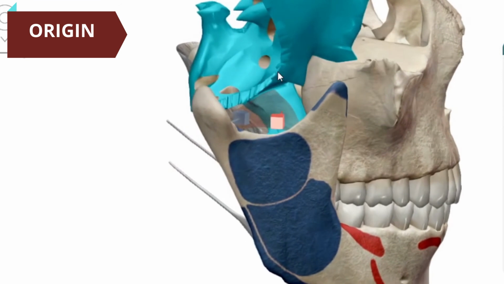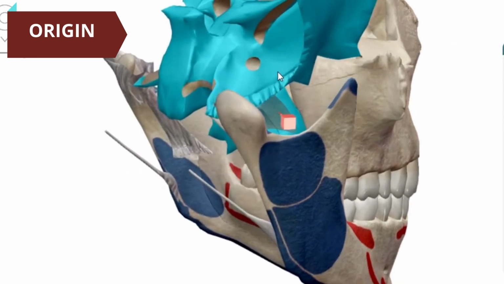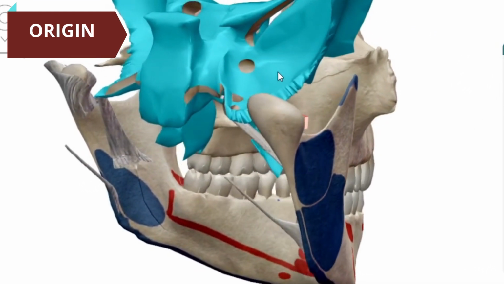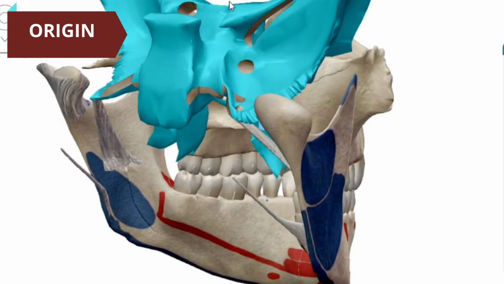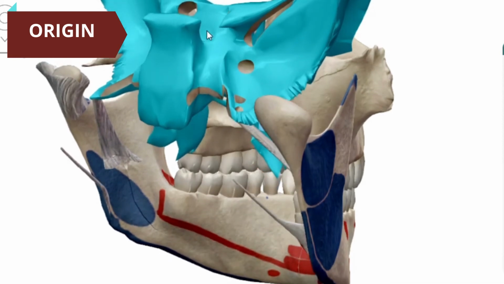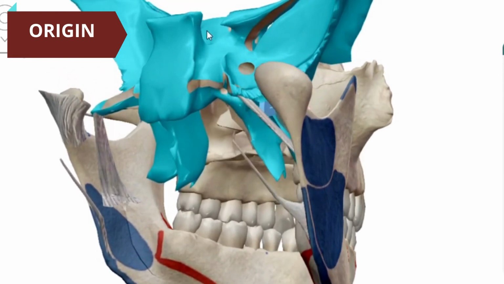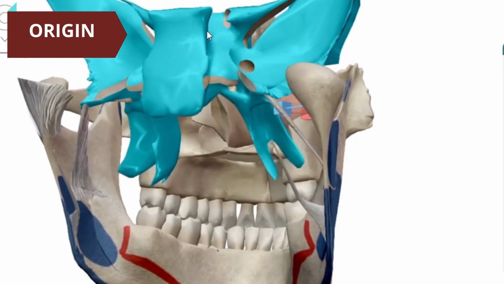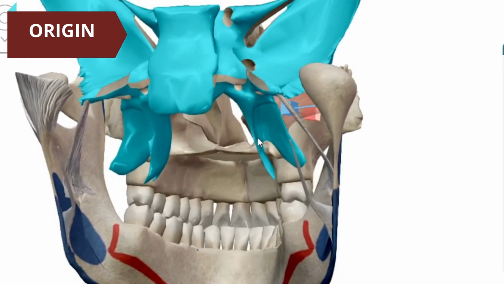You can see over here, the sphenoid bone has different parts: the lesser wing of sphenoid, the greater wing of sphenoid, the middle part, that is the body of sphenoid, and on the inferior aspect, the pterygoid process. This pterygoid process is divided into two: the lateral pterygoid plate and the medial pterygoid plate.